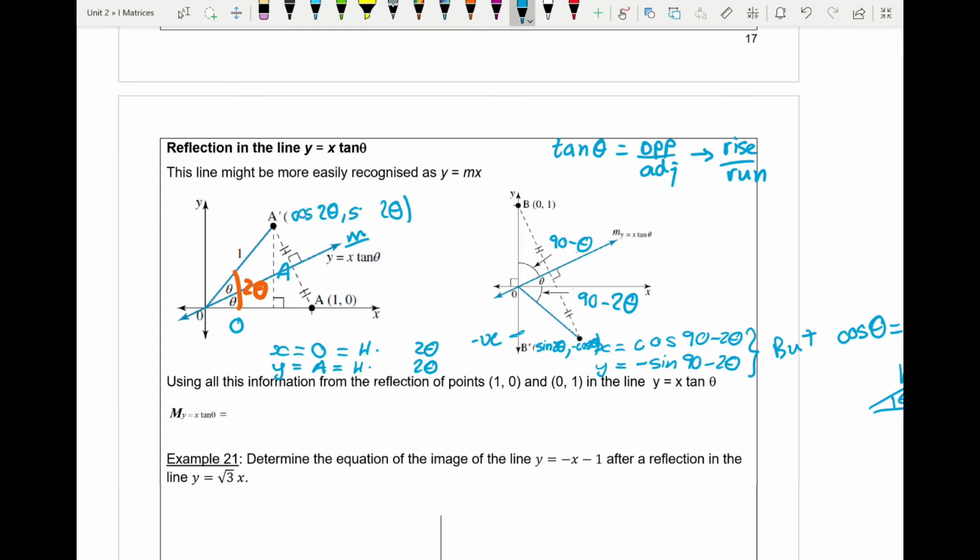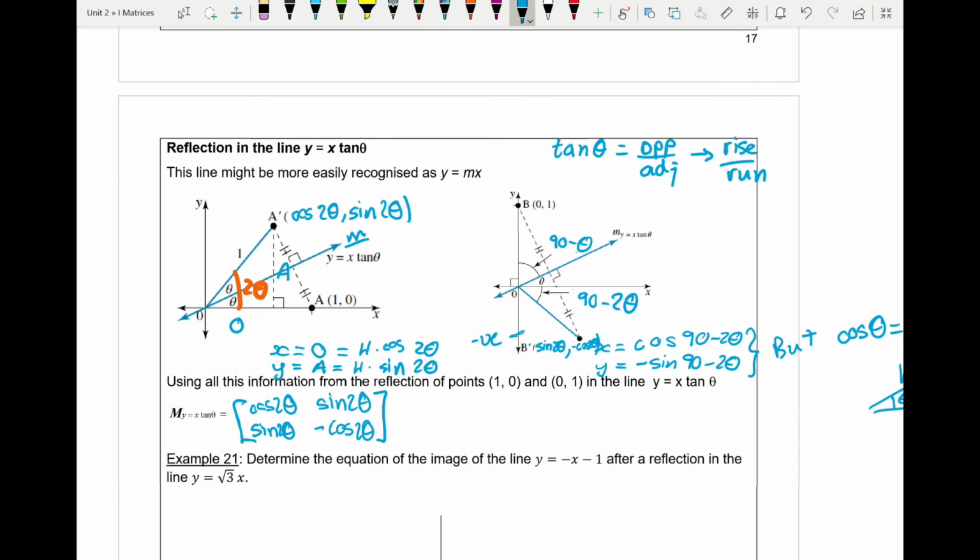Our y is going to be sine of 2 theta. So we'll get those fixed up. And so our final matrix is cosine 2 theta, sine of 2 theta, sine of 2 theta, and then negative cosine of 2 theta.